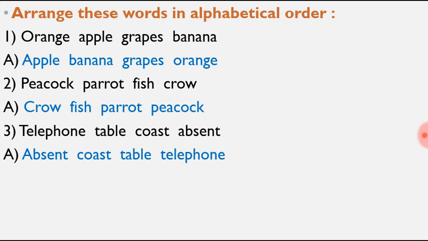Because after the letter T, A is in table spelling. So it comes table first, and then after it comes telephone. So like this way you have to see the first letter of each word, and if two spellings or more than two spellings are there which start from the same letter, so you have to see the second letter. And if the second letters are same in a few spellings, so you have to see the third letter. Like this way you will arrange the words in alphabetical order.